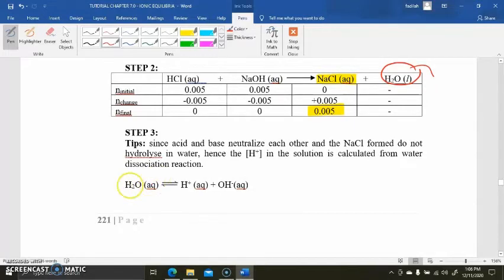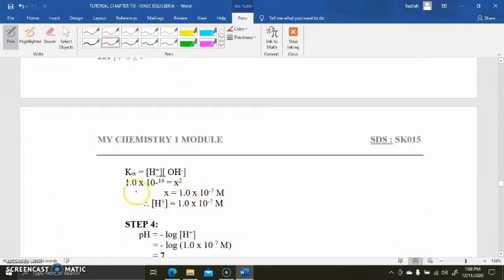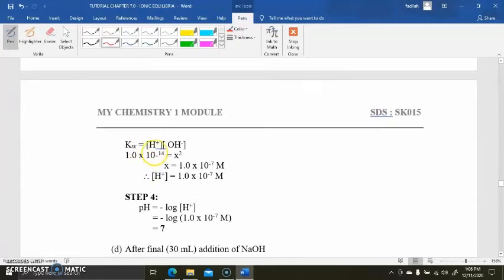Okay, water ni akan sentiasa dissociate untuk menghasilkan H+ ion dan juga OH- ion secara partially dissociate. So, apa yang berlaku adalah based on Kw yang diberi, kita tahu Kw is equals to concentration H+ times concentration OH-. So, kita nak cari concentration H+ sebab kita nak cari pH. So, kita rearrange, kita dapat concentration H+ adalah 1.0 × 10^-7 molar.